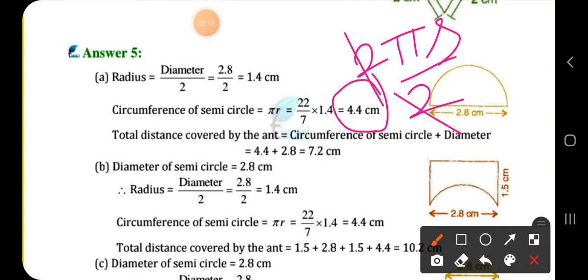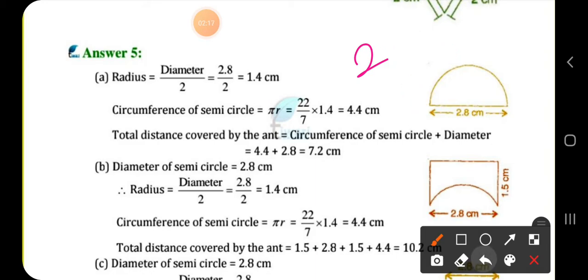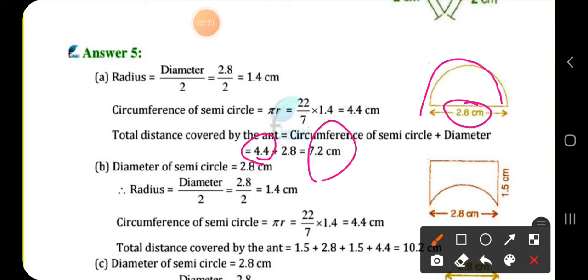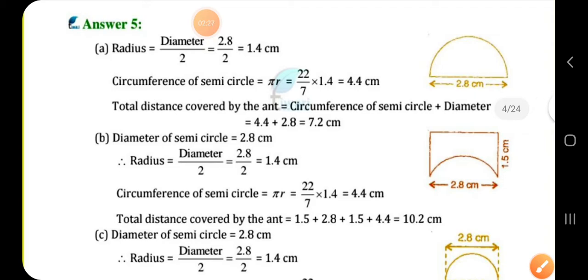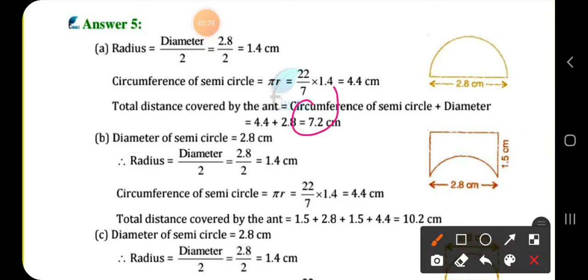So here the circumference of the semicircle is 4.4. Now add them up: 2.8 plus this semicircle's circumference 4.4. So the total distance covered by the ant for this shape is 7.2.